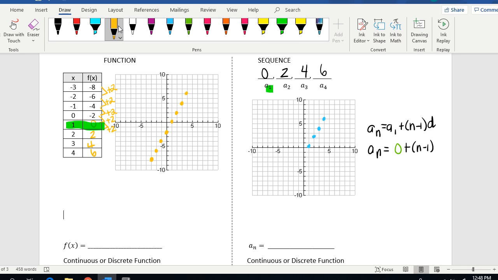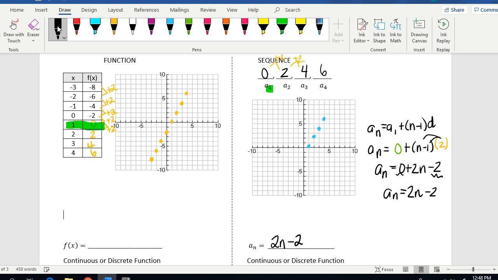I can look at my graph over here, plus 2, plus 2. So I'm going to plug a 2 in, and now I'm going to backwards distribute. So I have a sub n equals 0, 2 times n is 2n, 2 times negative 1 is negative 2. And I'm going to combine like terms. So I have 2n, and negative 2 plus 0 is negative 2. So here is my formula for this sequence.